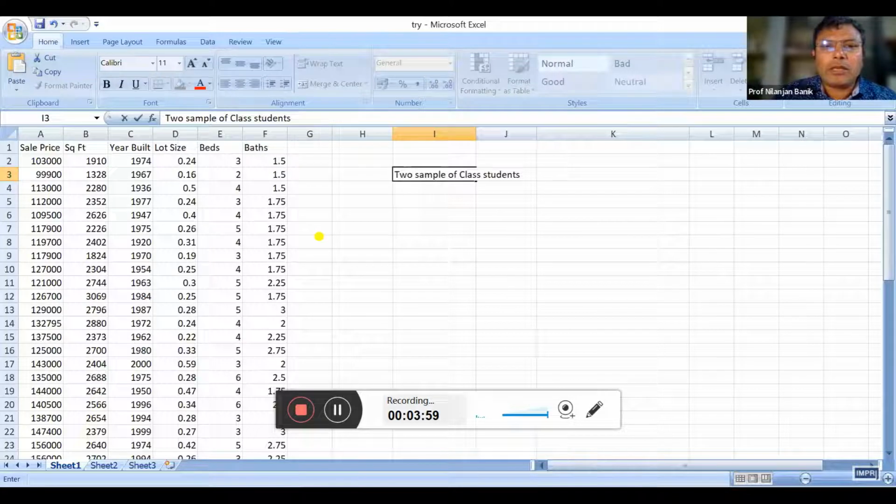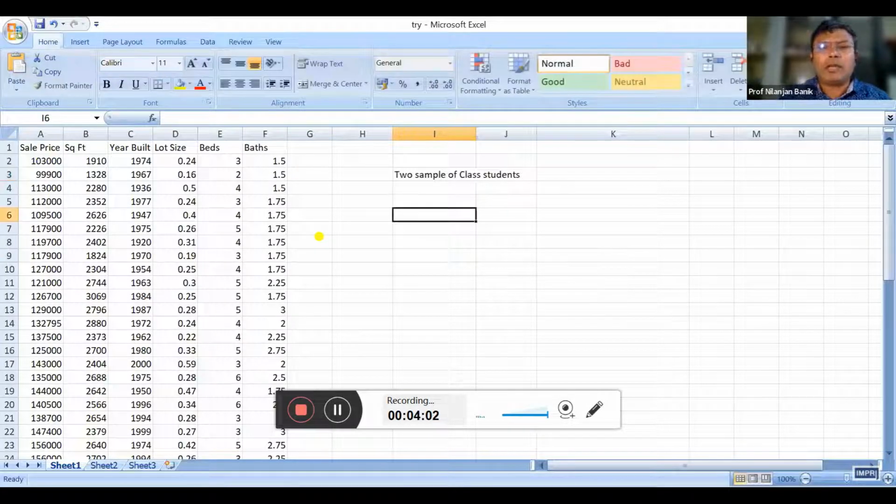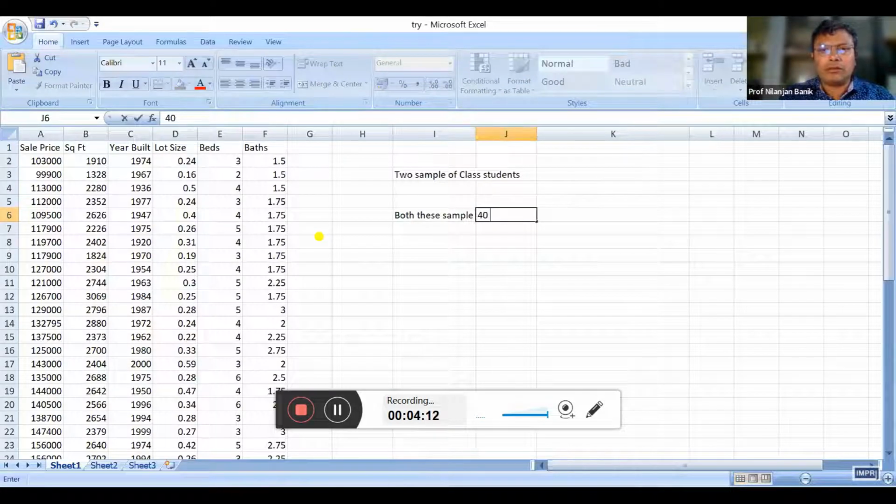Is it ringing a bell? Let's say they have 40 students each.